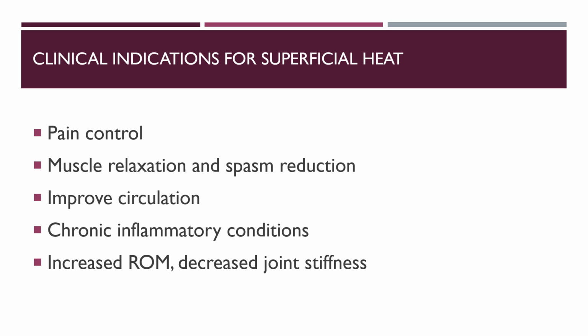We're trying to improve circulation. If somebody has decreased circulation in the area, we're going to use thermotherapy to help increase circulation. We're also going to use it in instances where our patients have chronic inflammatory issues and conditions. So we can, again, try to enhance cellular function, get rid of that metabolic waste by applying a hot pack to the area. And of course, like we mentioned a few times already, trying to increase range of motion.